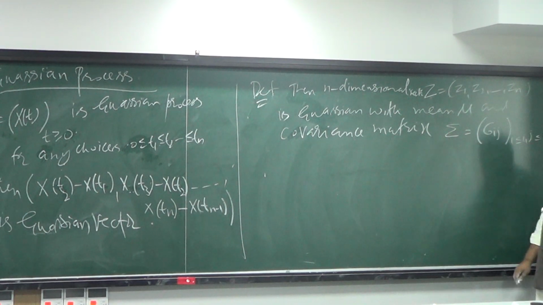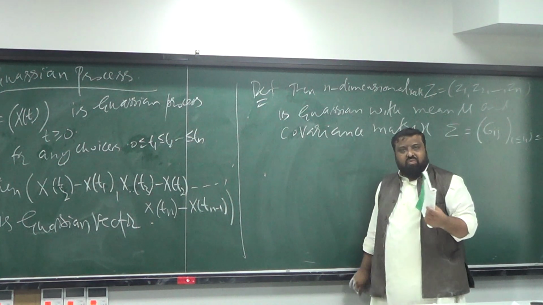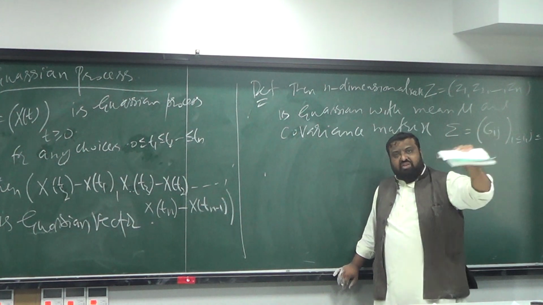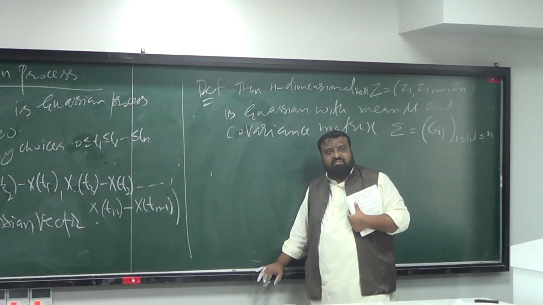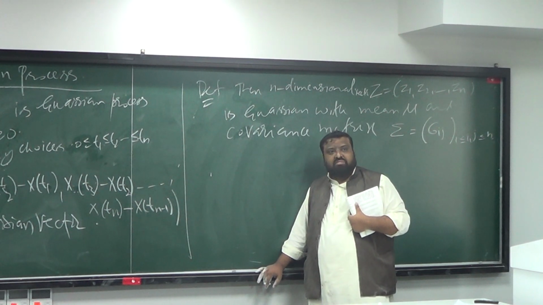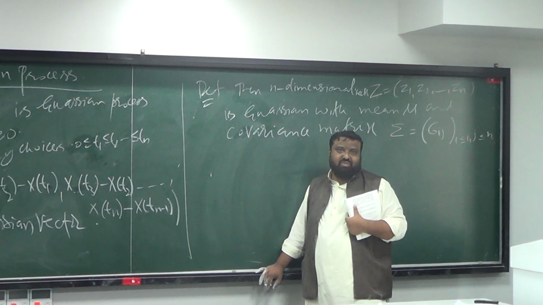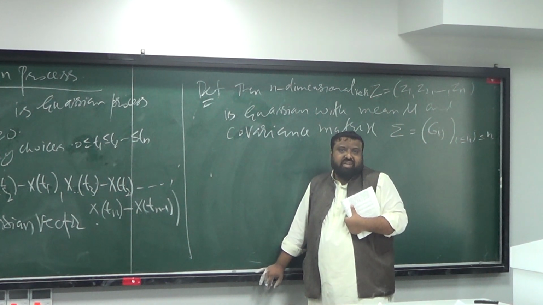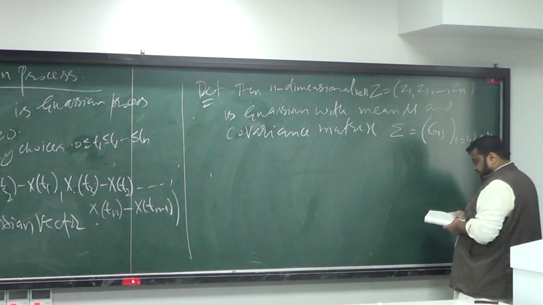Maybe a quick question: what would be at the diagonal of this covariance matrix? Variances. It should be the variances, because if you compute the covariance of Z1 with Z1, it's the same as computing the variance of Z1. Okay.